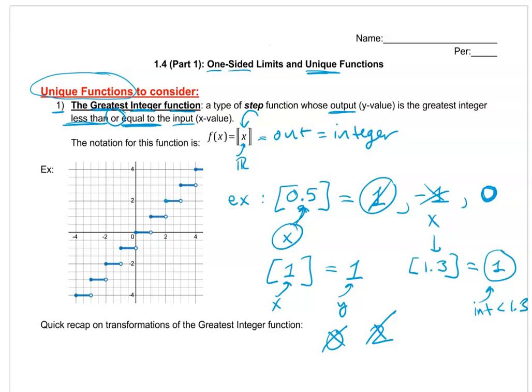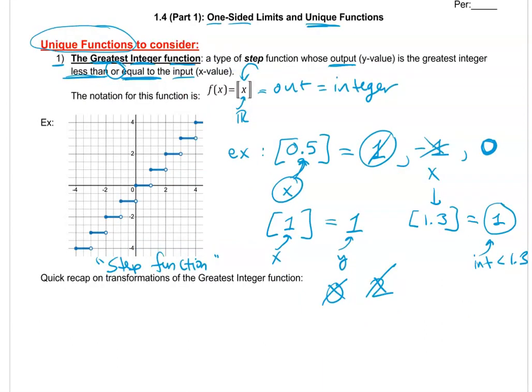Sometimes we also refer to this as the step function because it creates these step values along the y values at all the integer marks, right? Because the y value can only be an integer, so it can't be any of these decimals in between 1 and 2 or between 2 and 3, etc. It can only be 0, 1, 2, 3, 4, etc. So anyways, we get these steps. So that's just a quick review of that function.